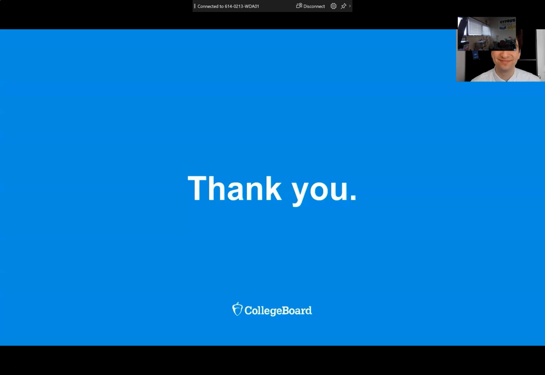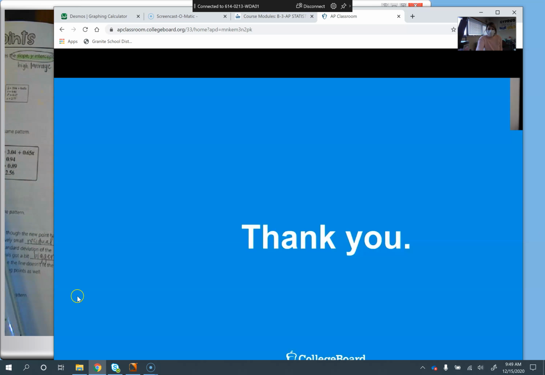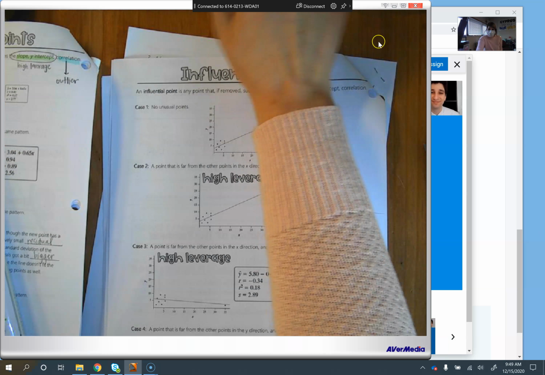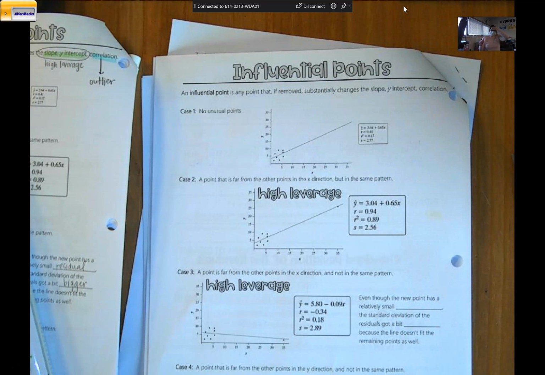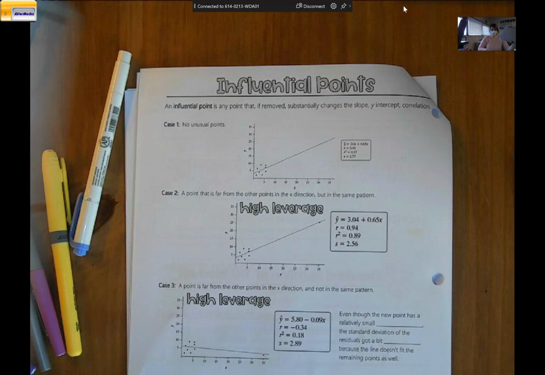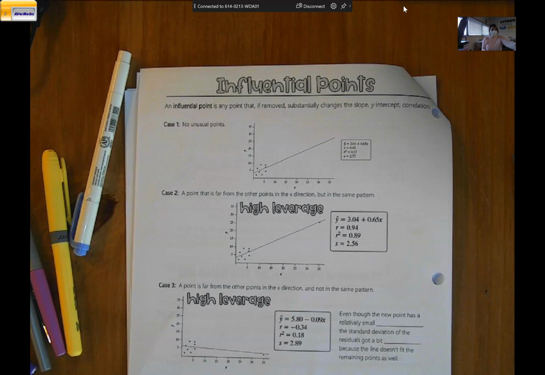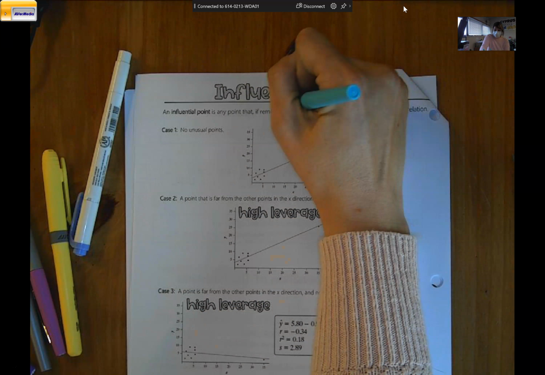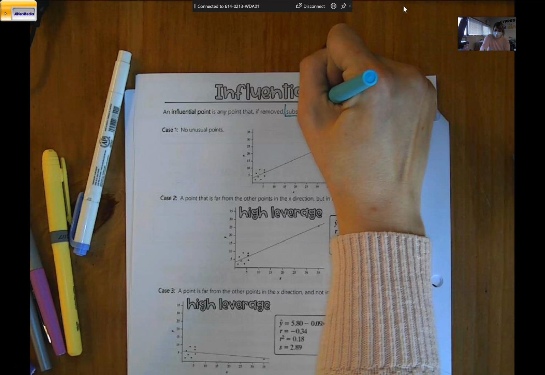Okay, so let's talk about it in terms of what you guys see on our note sheet. Let's highlight some of the things that he mentioned in his video. So one of the first things is influential points have a substantial or noticeable change on some of your values and your regression line.